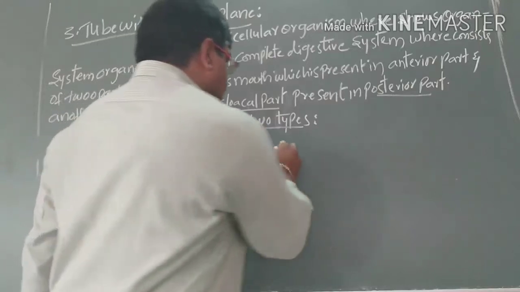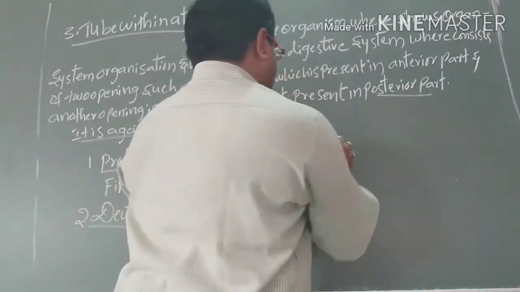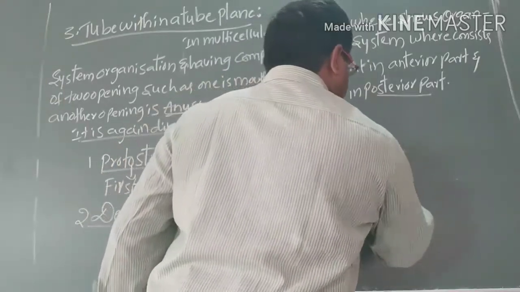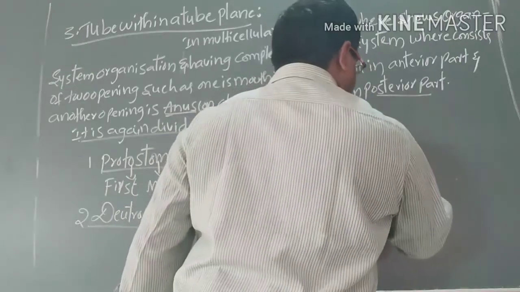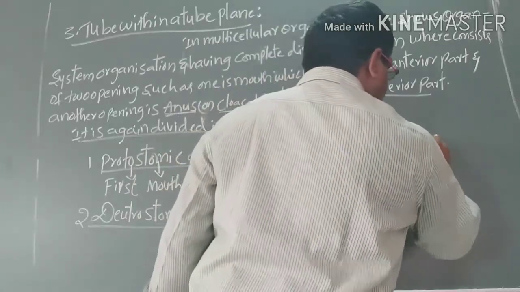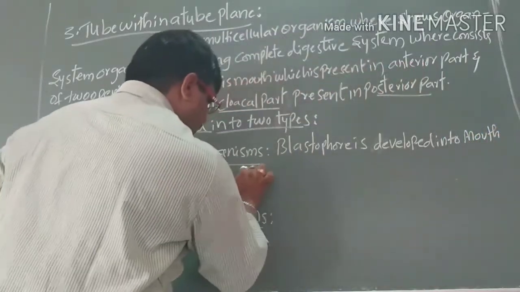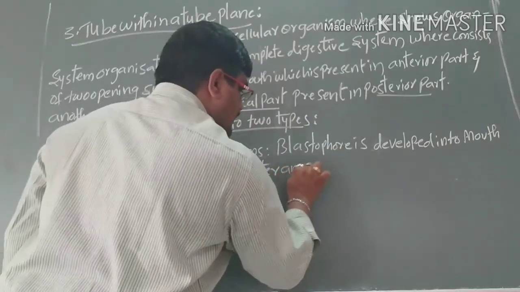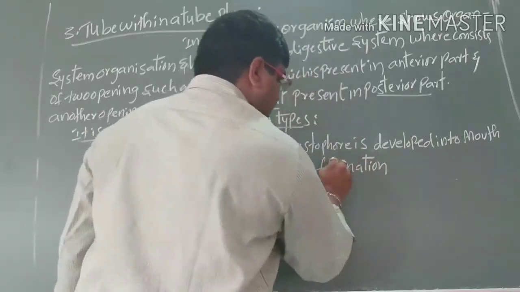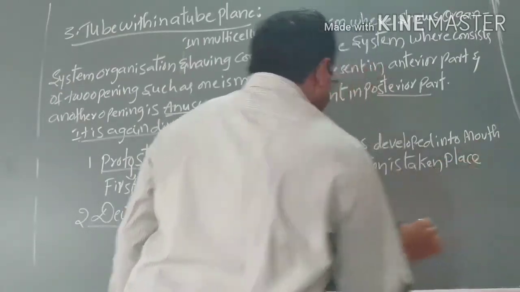Here the blastopore is developed into the mouth, and later the anus formation takes place.